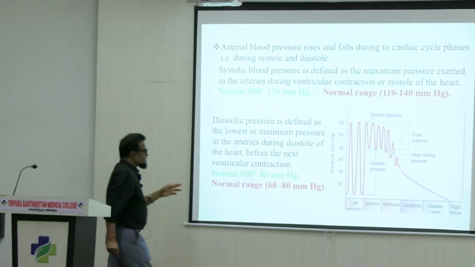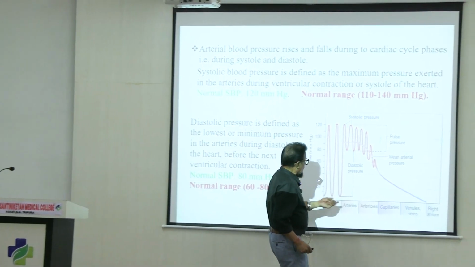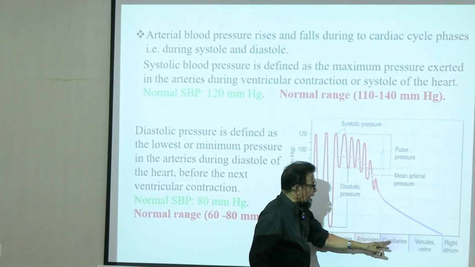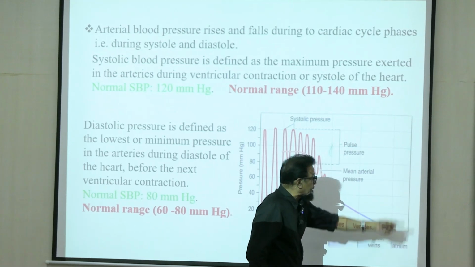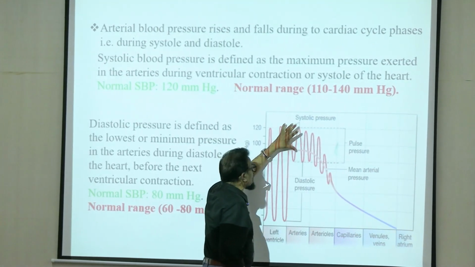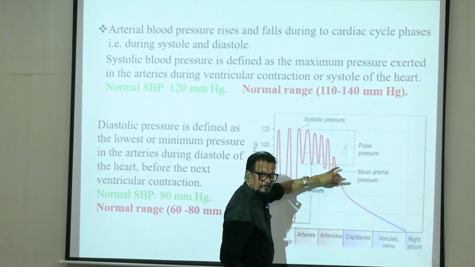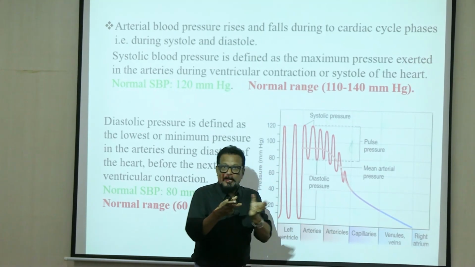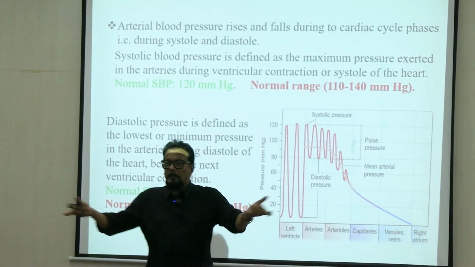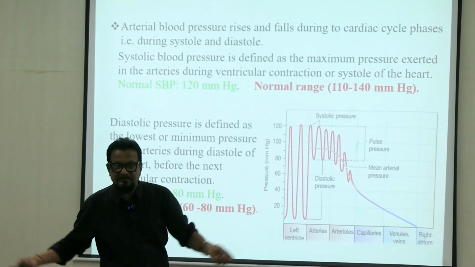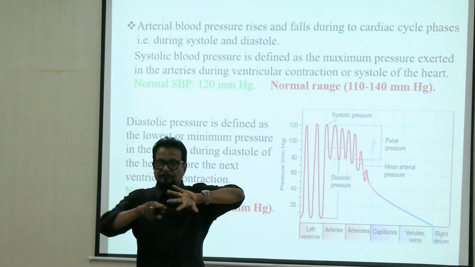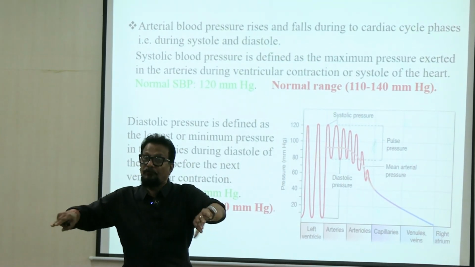And what is this? I can see the blood pressure in arteries, arterioles, capillaries, veins, and coming back to the atrium. So how does the pressure fall? Gradually it falls. As the arteries give branches, with this branching the pressure also gradually falls.